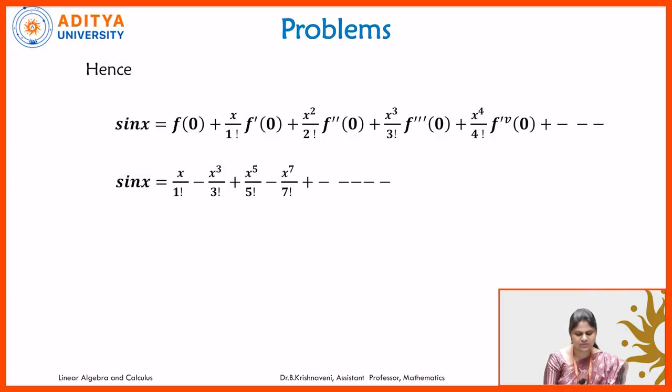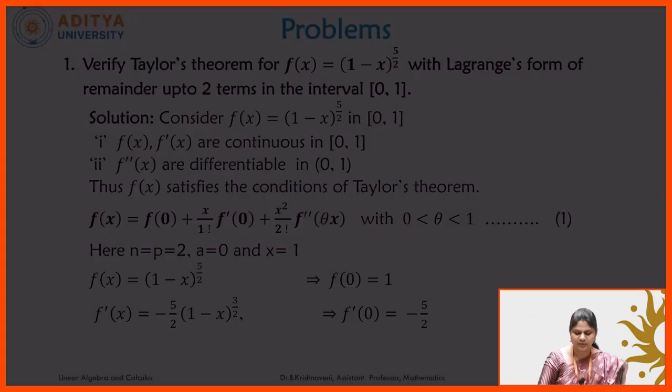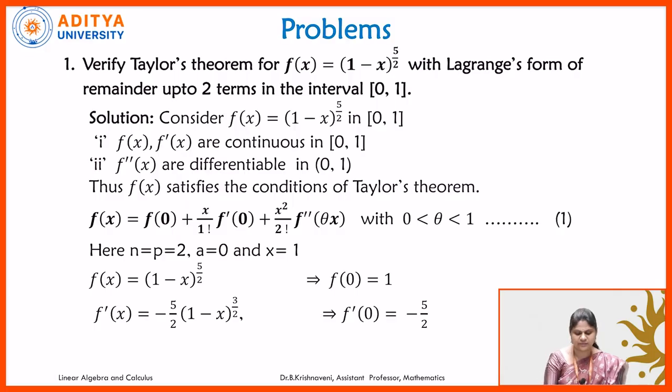You get sin x is equal to x by 1 factorial minus x cube by 3 factorial plus x power 5 by 5 factorial minus x power 7 by 7 factorial plus so on, which is the sin x expansion given by means of the Maclaurin series.